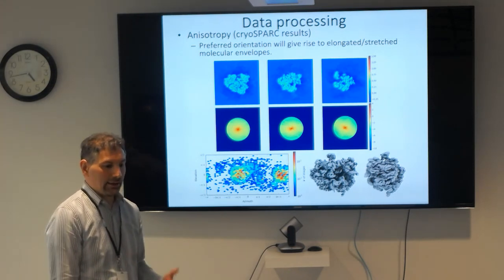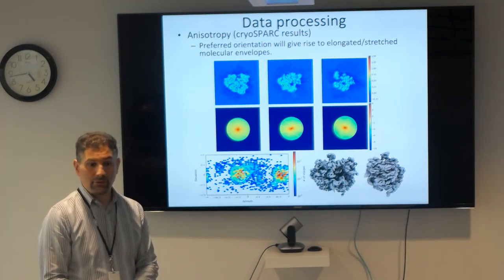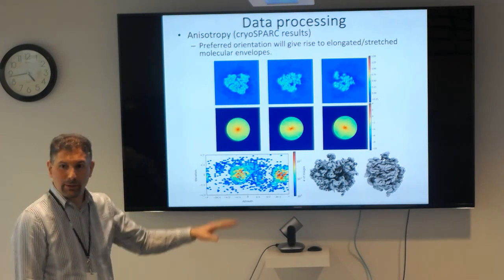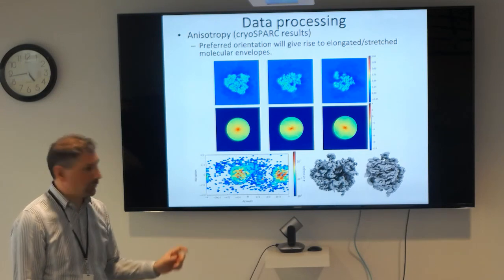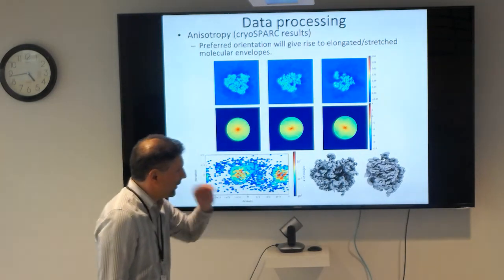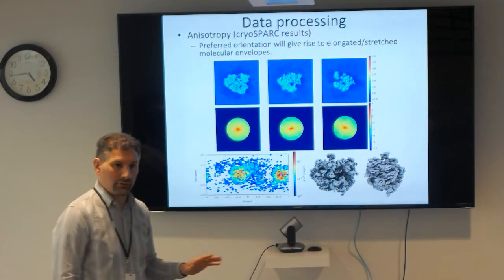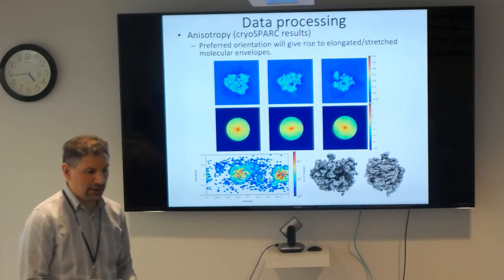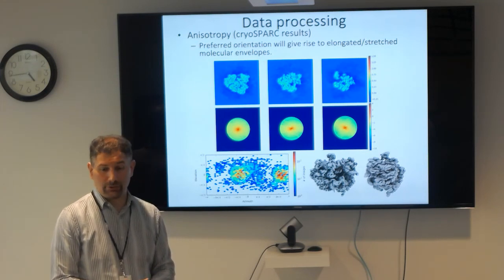So if I had additional views that did not contribute that much to high resolution terms, I would keep them in there, right? Because again, at 3.4, you should be able to see everything you want to see. But because it's anisotropic, it's not really at 3.4. It might be at 3.4 in this orientation, but again, you see this with crystallography, where you have anisotropy all the time. It's not at that resolution, so interpreting it and building an atomic model becomes really problematic and questionable.